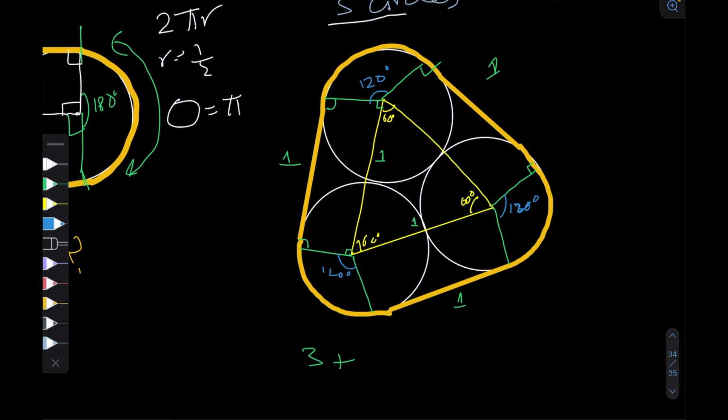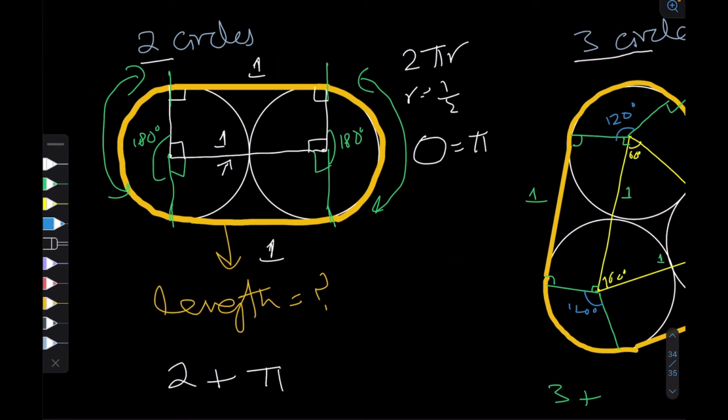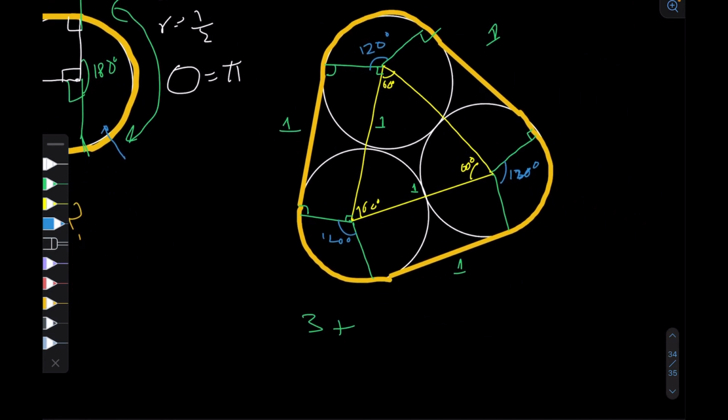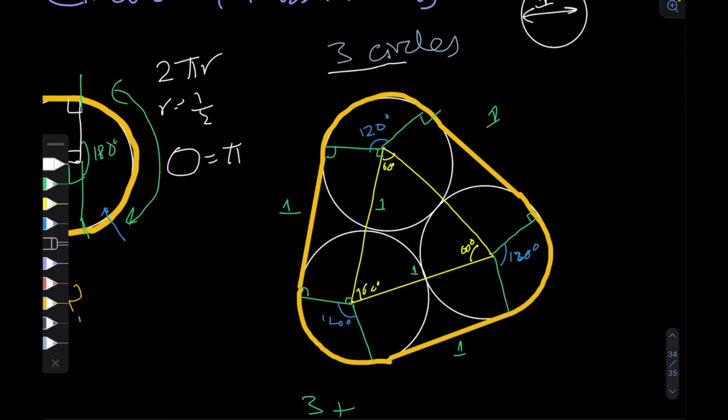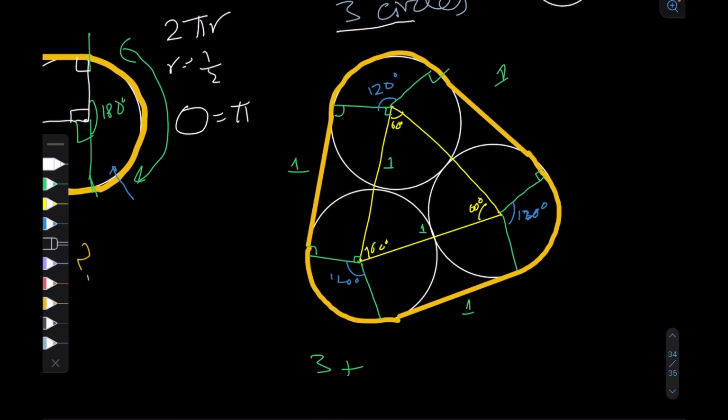That is 120 degrees. Here, since there were 2 circles, it was divided between the 2. In other words, half of a circle and half of a circle. Of course, this is just me telling you; we will go ahead and prove this. But for the time being, since these are 3 circles, this would be 90, 90, the pair of 90 degrees.